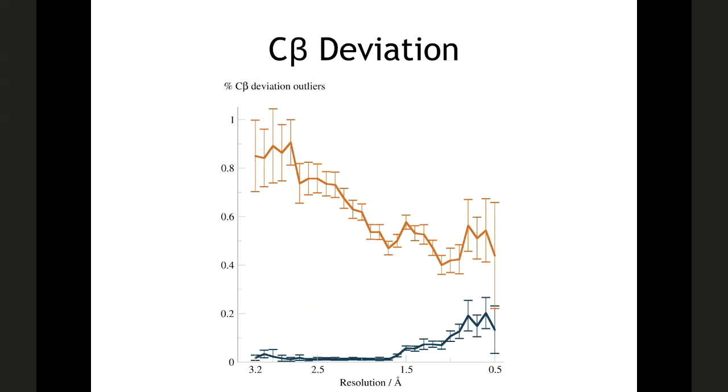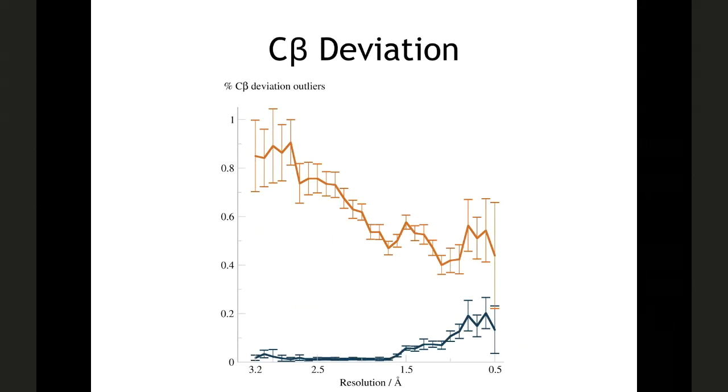So at high resolution, instead of being 0.2%, it's 0.4%. These are small values, but they're quite different. And at low resolution, it increases to almost 1% of C beta deviation territory. So why is this the case?